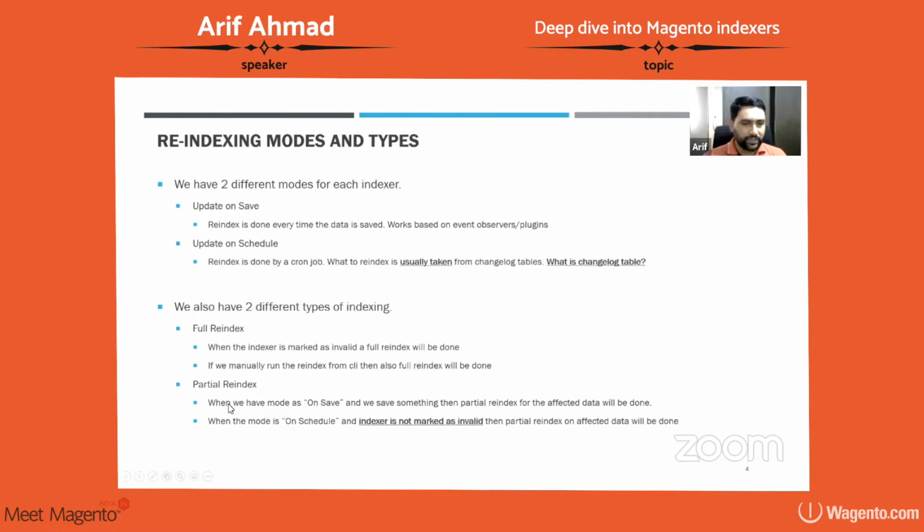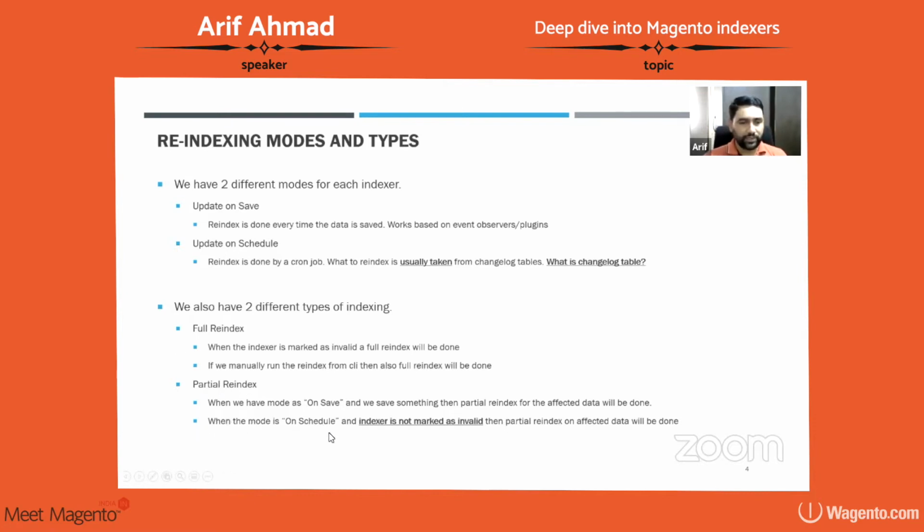Yeah, so partial reindex: when we have mode as on save and we save something, then partial reindex for the affected data will be done. So as I mentioned here, update on save, the moment we save, the data is going to be reindexed. That is a partial reindex, which will only reindex the affected data.